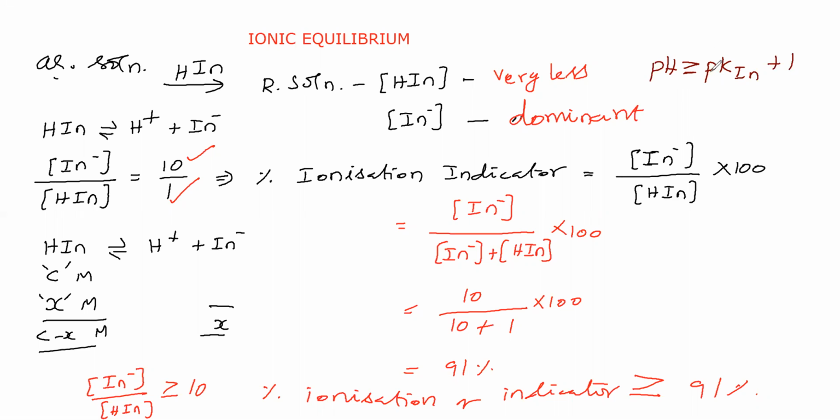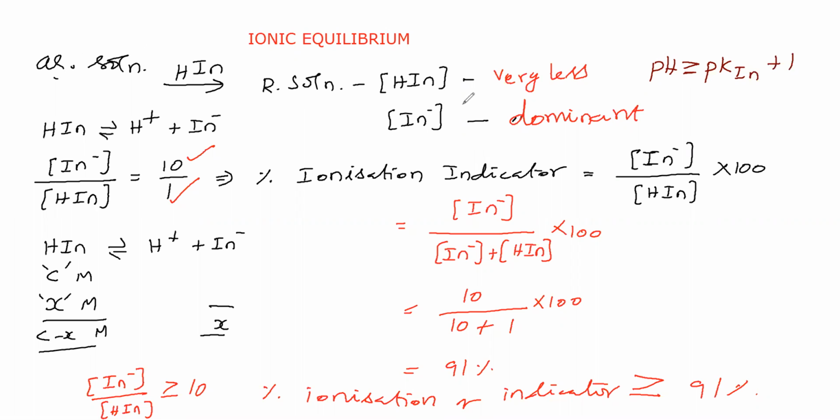So during titration, the pH of this aqueous solution will go on changing. When the pH of the aqueous solution falls under this category, then the resultant solution will exhibit the color of In minus.